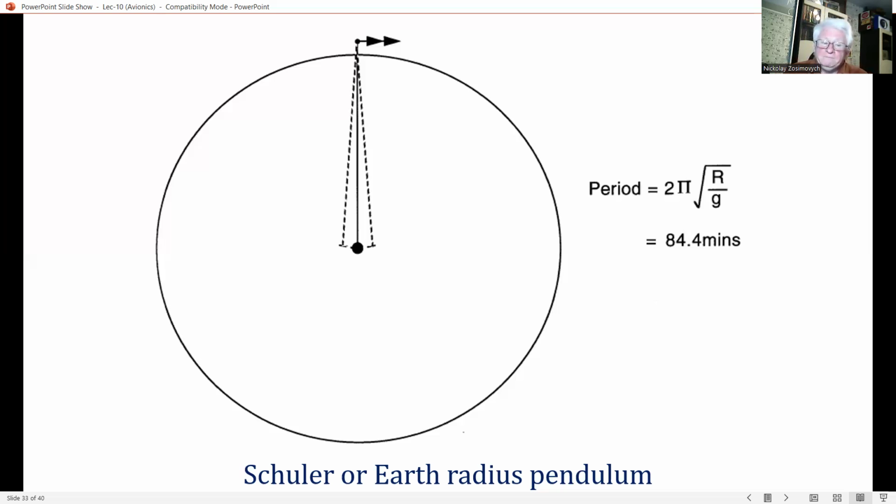If, however, a pendulum system could be produced with an exact period of 84.4 minutes, then it would indicate the local vertical irrespective of the acceleration of the vehicle carrying it.